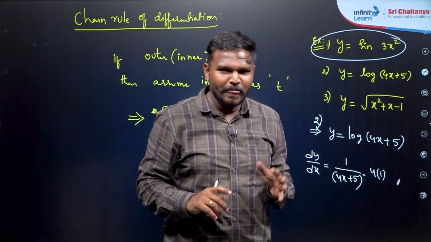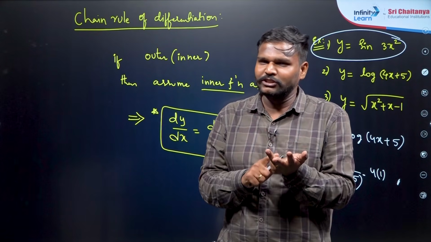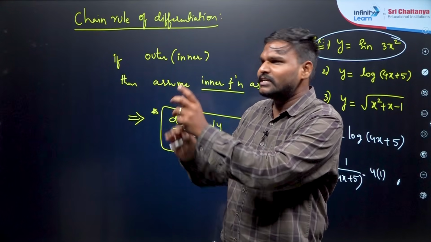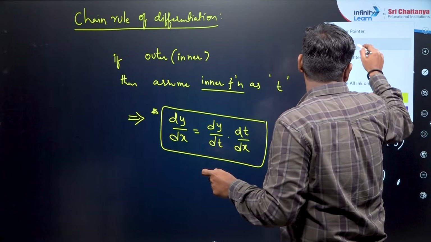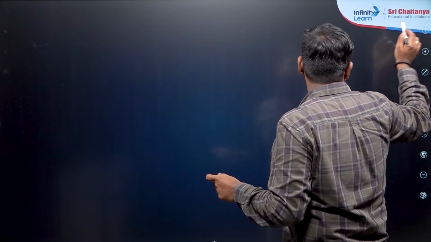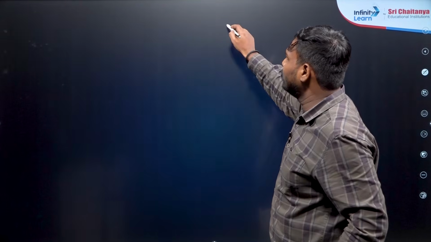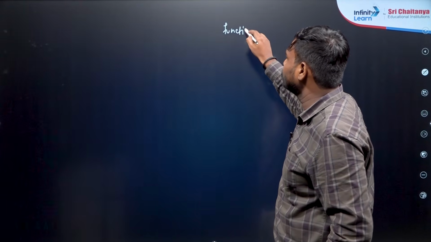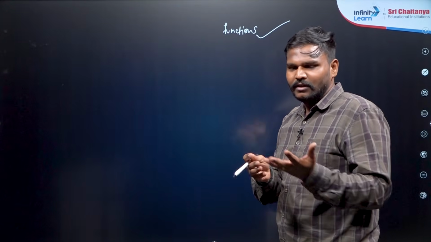Is that clear? So we have discussed now what do you mean by functions. Function is y is equal to f of x, LHS variable is dependent. We have learnt about functions. Any relation between variables is called a function.